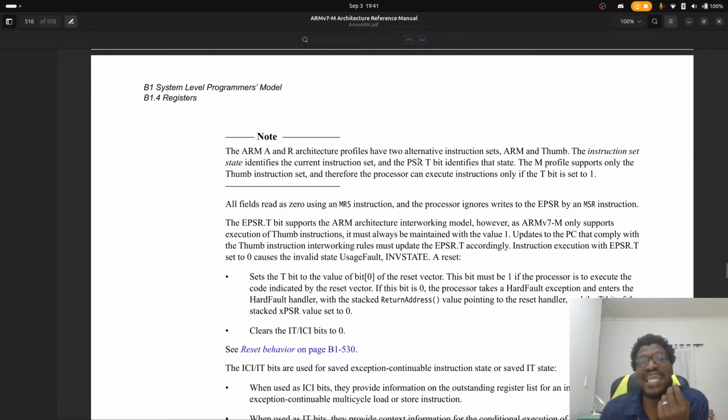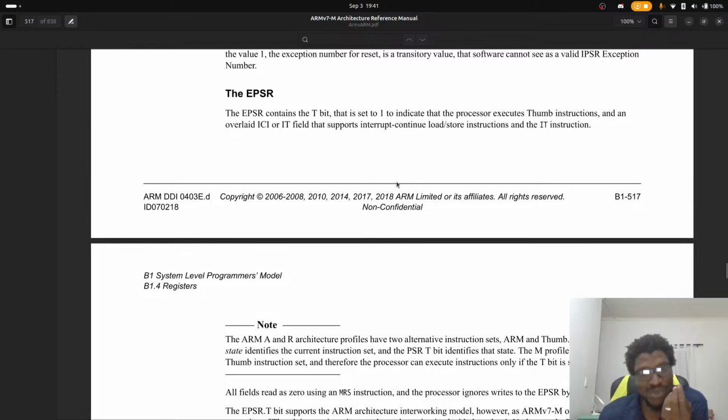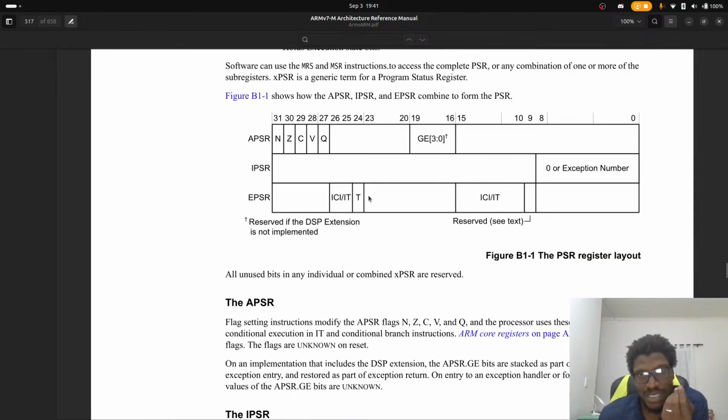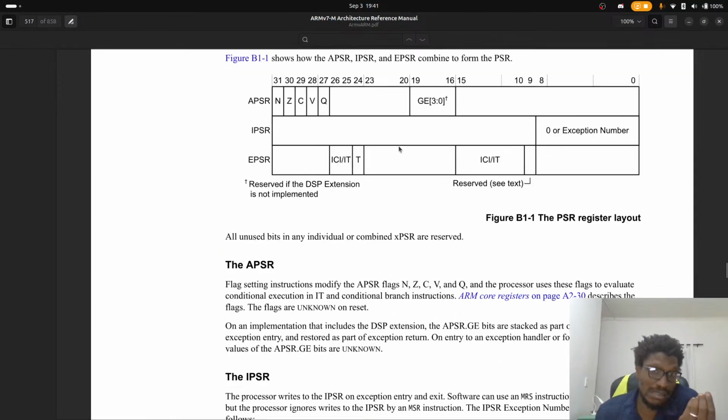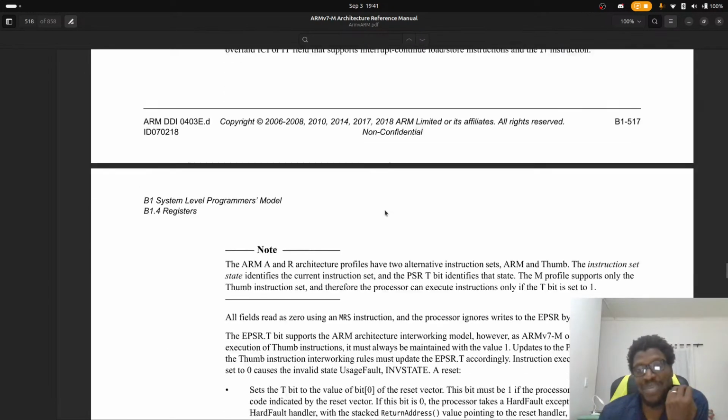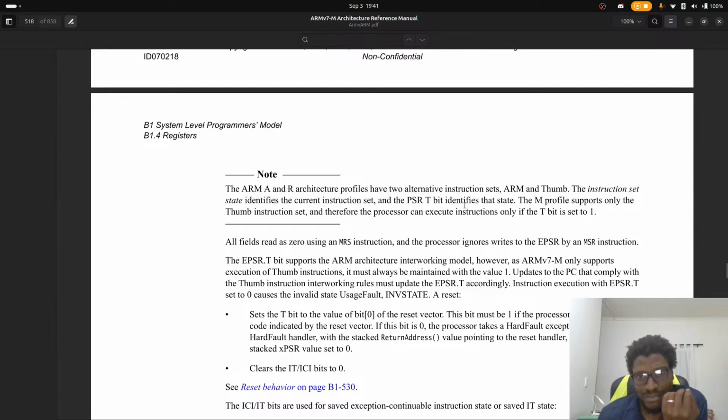So the PSR T bit, the special purpose register T bit, I'm assuming all of them have a T bit. I guess this whole thing is combined as one register. So the PSR T bit identifies that state. The M profile supports only the thumb instruction set, and therefore the processor can execute instructions only if the T bit is set to 1.